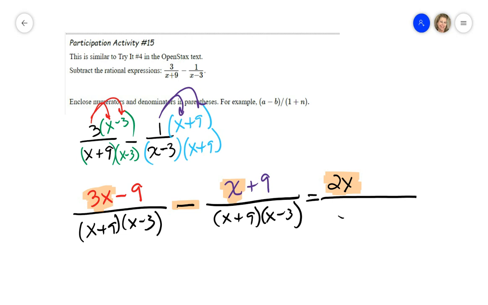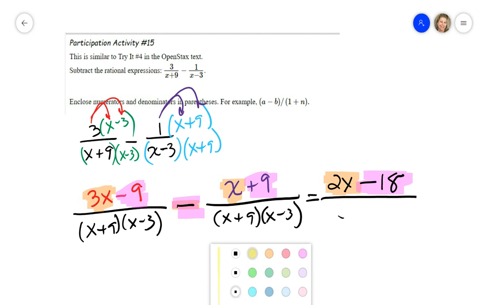And then I'm going to go back and I'm going to take the negative 9 minus a positive 9, and that's going to give me a negative 18. And then the denominator, they have the same denominators here. The denominator stays the same.